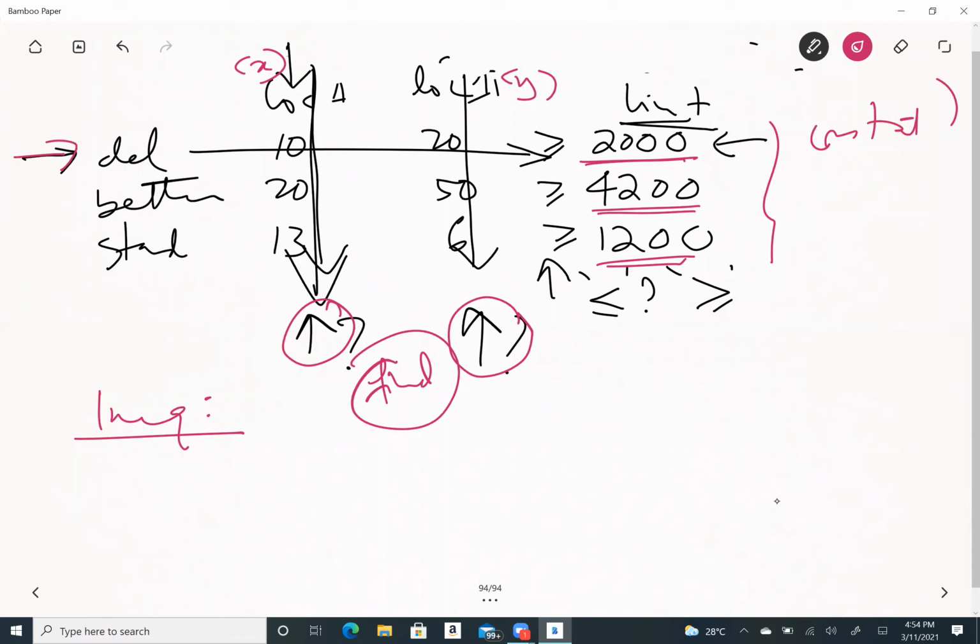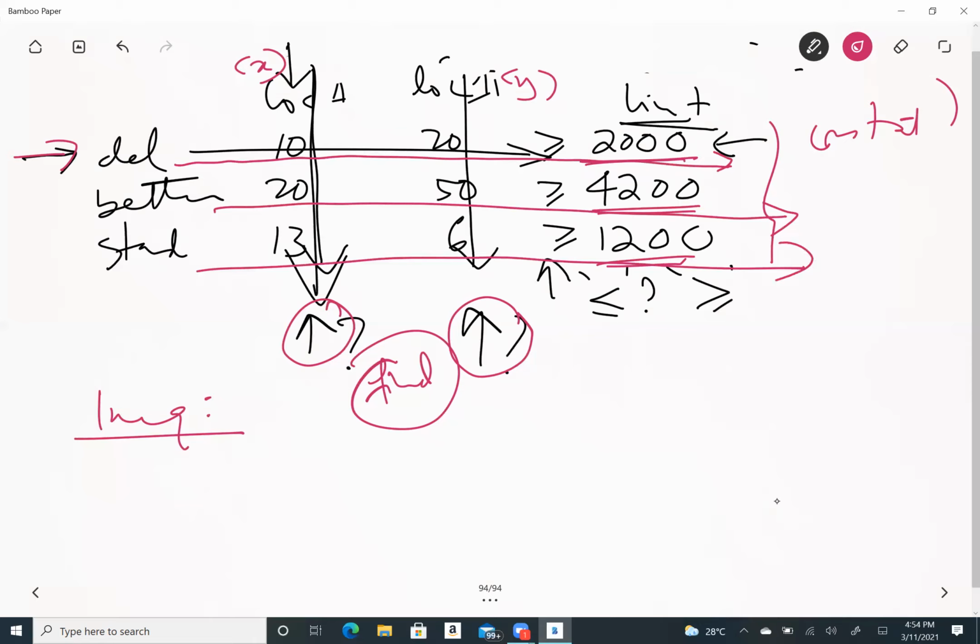So you just read the numbers according to that constraint, to the limit, horizontally. You cannot read it downward. If you read downward, then you will not be able to come up with the inequality. So one is 10x plus 20y bigger or equal to 2000.